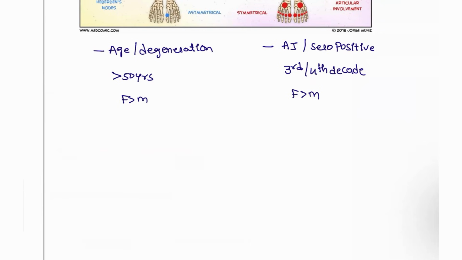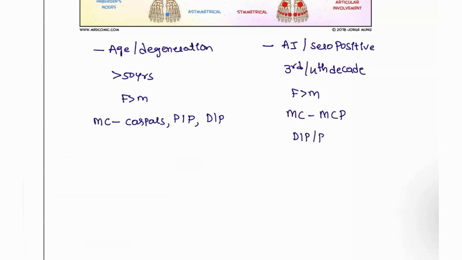In osteoarthritis, the most common will be carpals and also proximal interphalangeal joints and also distal interphalangeal joints. These are going to be involved. Here, the most common will be metacarpophalangeal joints, and the DIP and PIP are going to be spared.